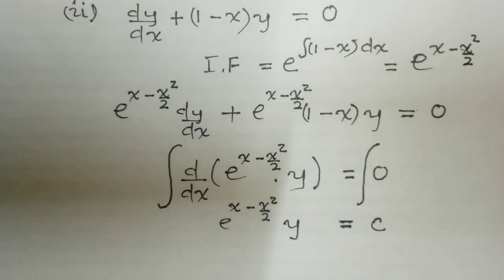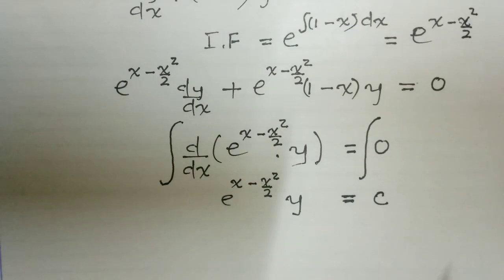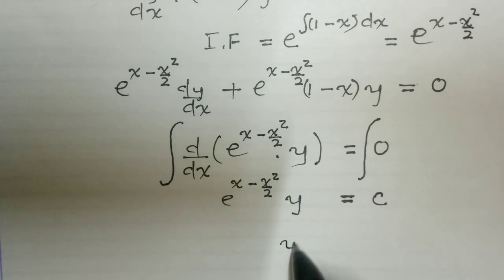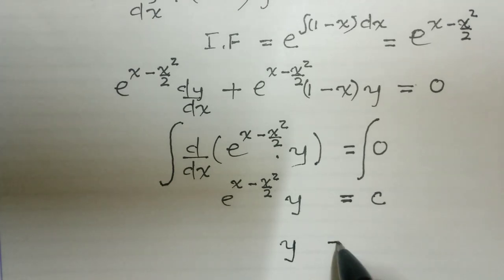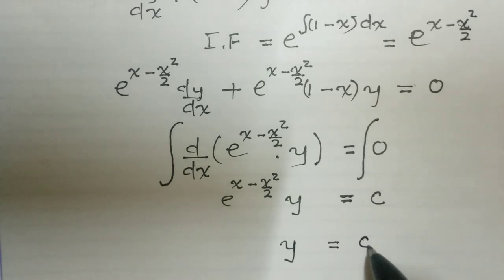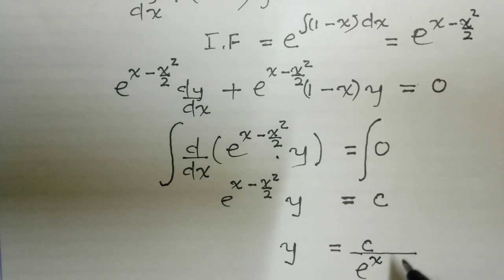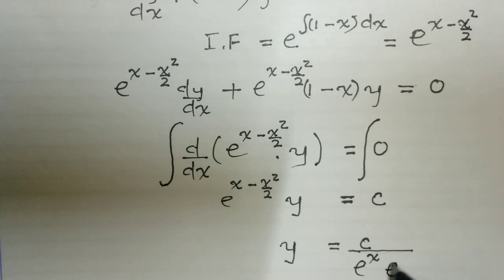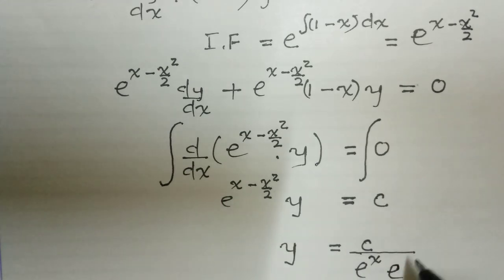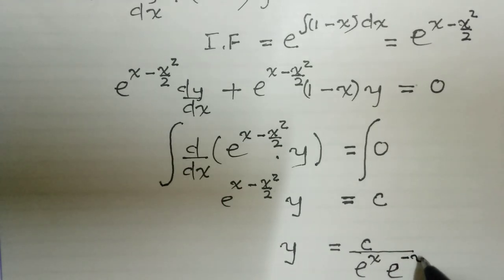If we leave y on one side, y will be equal to the constant all over e raised to x minus x squared over 2, which can also be written with e raised to negative x squared over 2.